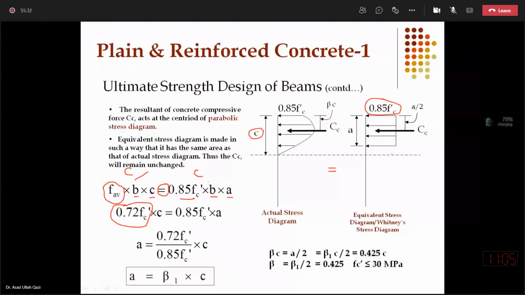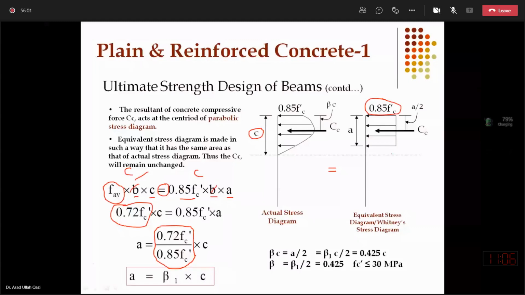So now B and B on both sides will cancel each other. And once you keep A on one side and bring other variables on the right hand side, interestingly, you will get that same unitless ratio which we have mentioned on the previous slide, the beta 1 ratio of average over crushing.